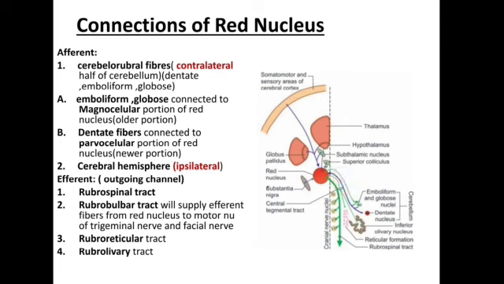From emboliform and globose, connected to the magnocellular part of red nucleus. Magnocellular portion is the older portion. So emboliform and globose are connected to the magnocellular portion and dentate fibers are connected to the parvocellular portion of red nucleus. What is parvocellular? Newer portion of red nucleus.